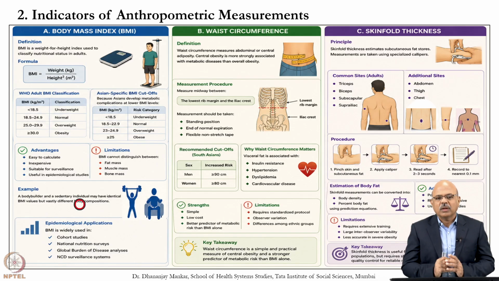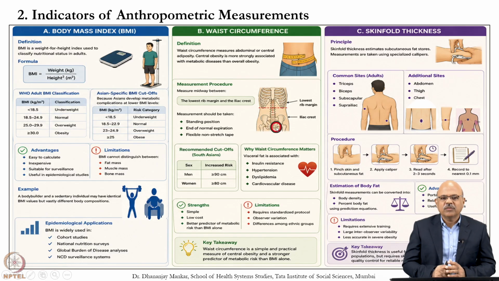How do we measure? The measurement procedure is to go with the lowest rib margin and the iliac crest. So as it is pointed over here, the lowest rib is being taken as a landmark and the iliac crest over here. You have to take the standing position.